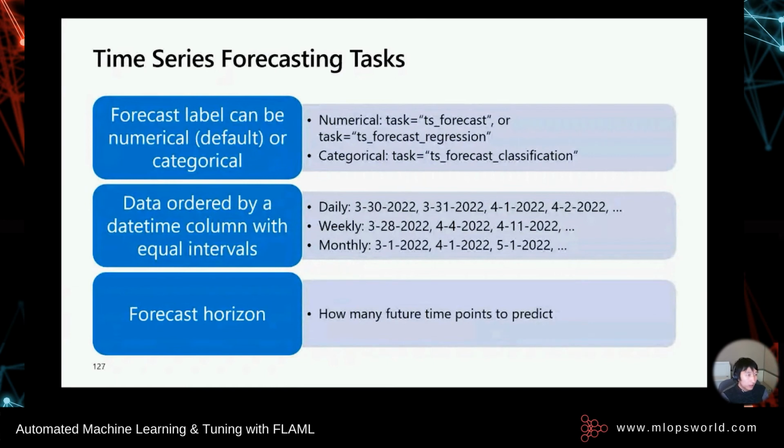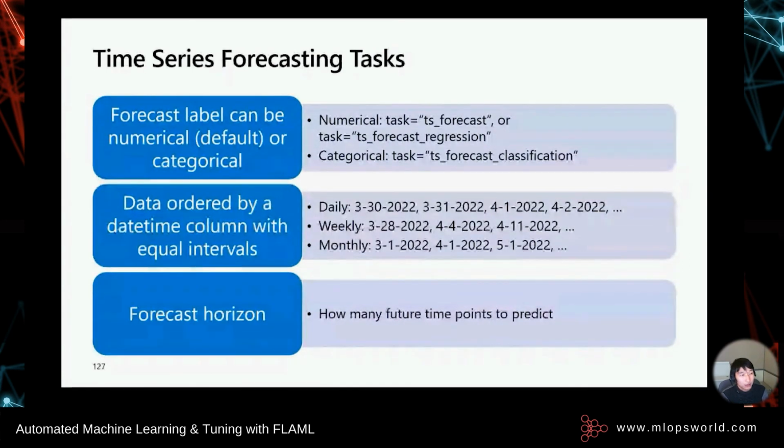By default, if you specify the task as TS forecast, it assumes the labels are numerical. If you want to be explicit, you can use TS forecast regression as a task name. Categorical labels are not very common for the time series forecasting scenario, but you can set the task as TS forecast classification for such cases.